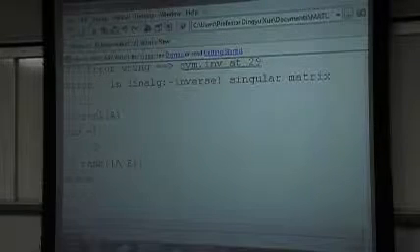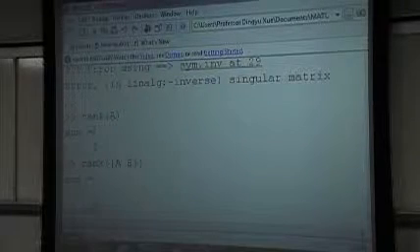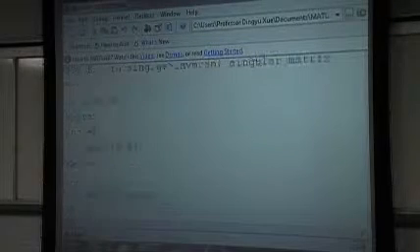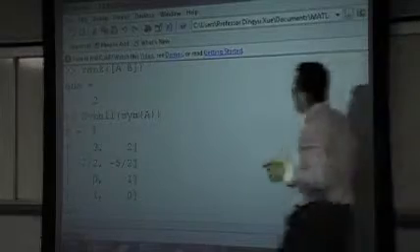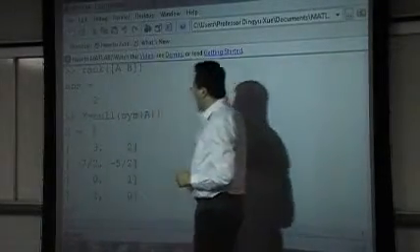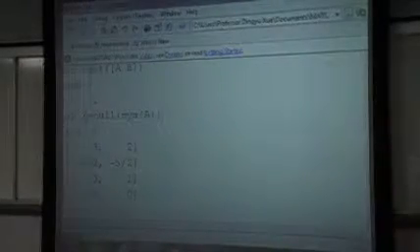So how can we get the basic set of solutions? X equals null of A; we try to use symbolic computation. So we can have a 2-column matrix here, and these 2 columns are X1 and X2 of the basic set of solutions.